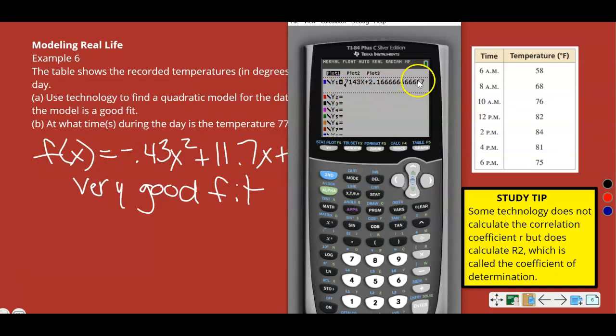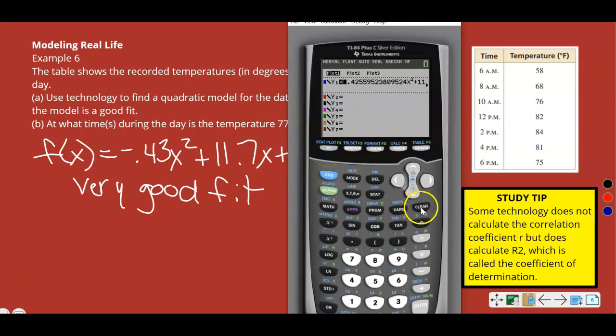It copied the exact equation into that line there. Or you could type this equation in, either one. You hit graph. You can see that it goes through those points exactly. So that's awesome.